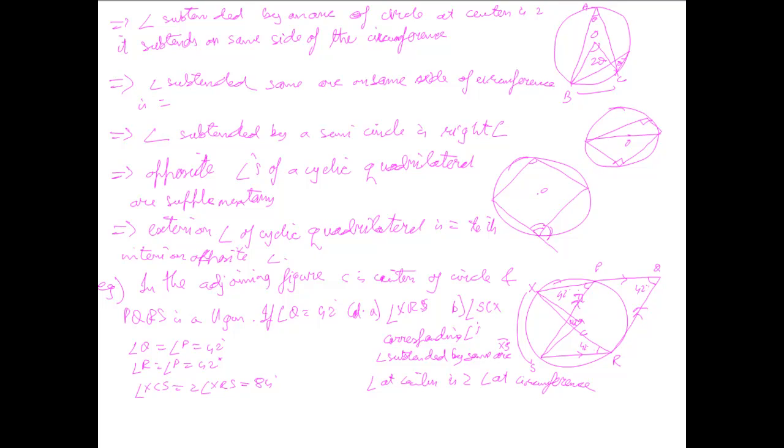Let's see some more examples to elaborate this. O, A, P, D, E, C, and this point is F. In the figure, AB is a diameter with center O. Given that EC is equal to ED, and angle EDC equals 34 degrees.